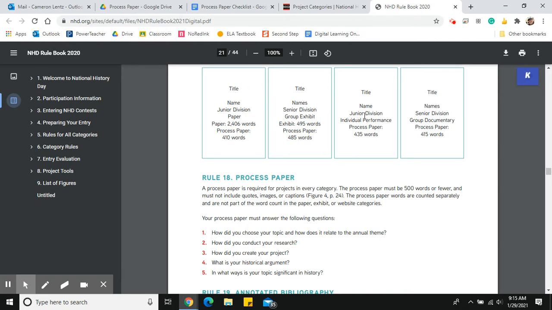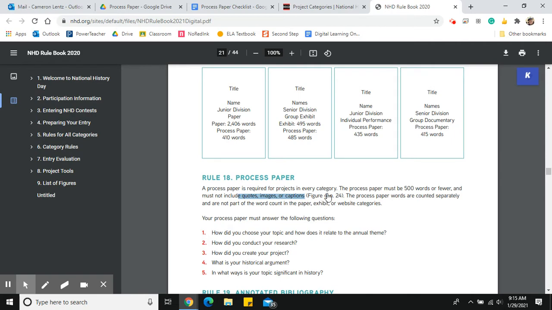And then actually once you get into the body of your paper, you can see here according to the rule book that the process paper can only be 500 words. It can't be more. It can be less, but it can't be any more than that. And it shouldn't include any quotes, images, or captions. So in other words, this is all student original work.